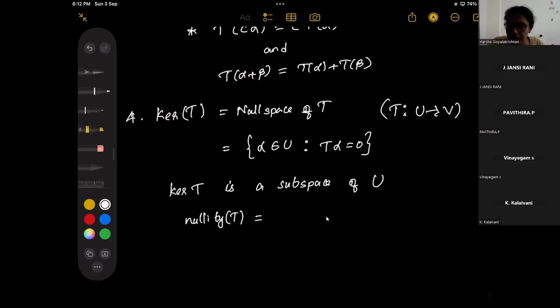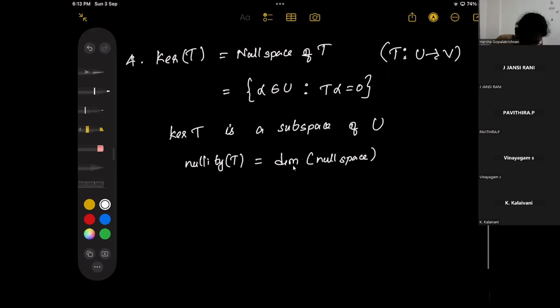It is the dimension of the null space. We already stated that this is a subspace of U. So subspace means it itself is a vector space. So it will have some dimension. So what is the dimension of the null space? That is called the nullity of T.